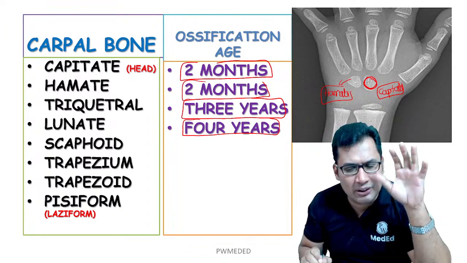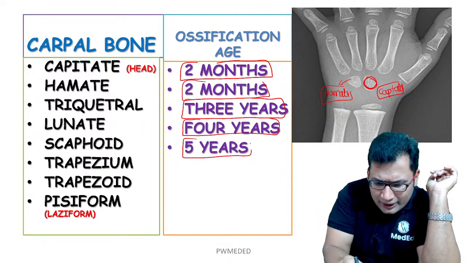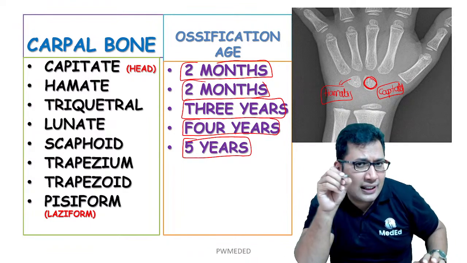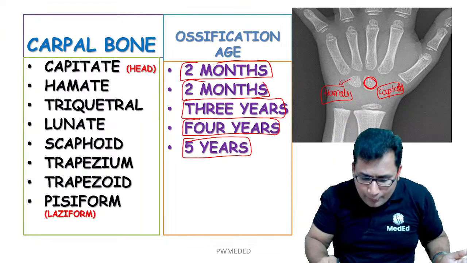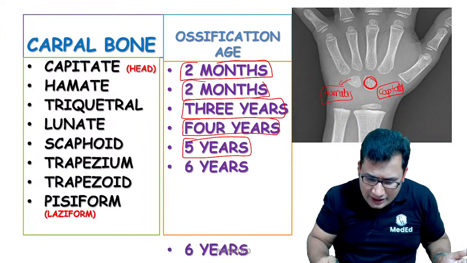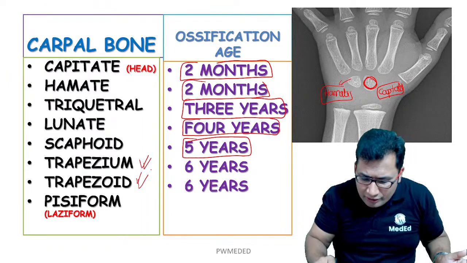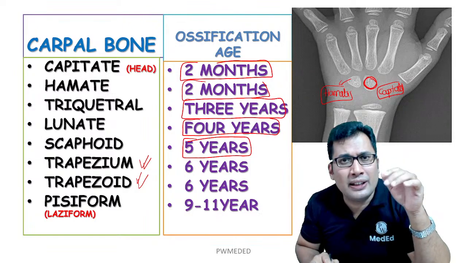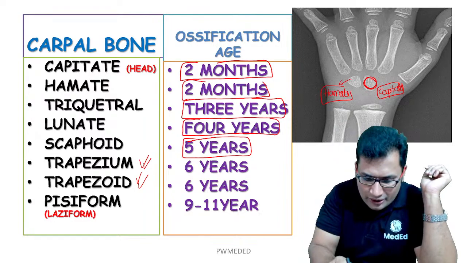Scaphoid is a boat shaped carpal bone. S looks like 5, so scaphoid is 5 years. Trapezium and trapezoid are around 6 years. And pisiform, I remember it as the lazy bone, the last to appear, around 9 to 11 years of age.